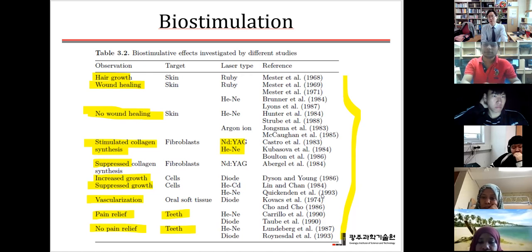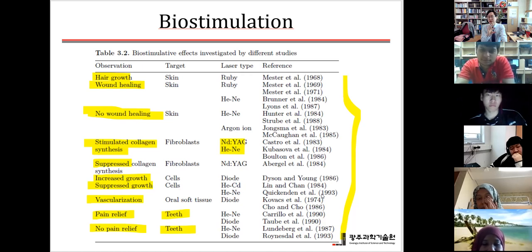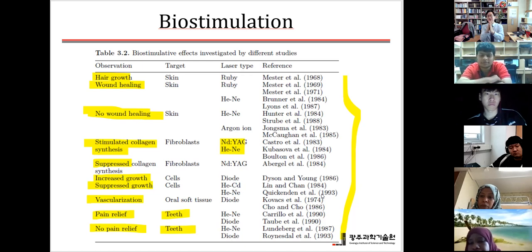And then these days, what people found was that this controversial effect of the biostimulation or low-level light therapy is mainly due to the dose. So there is some kind of threshold. If you are giving the light below this threshold, then it works as a promoting effect.